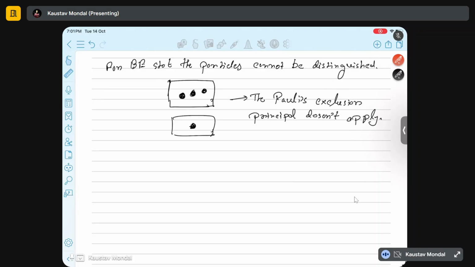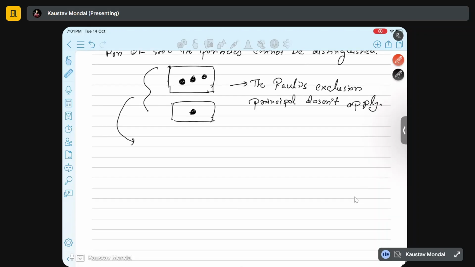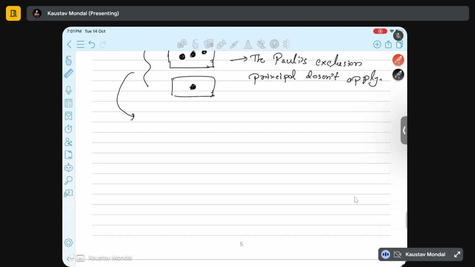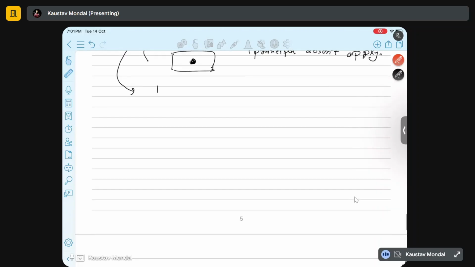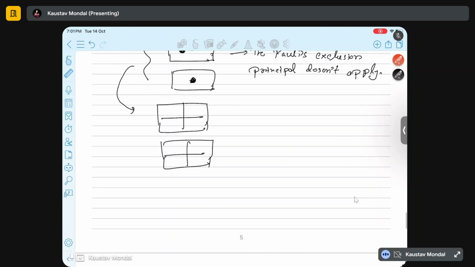Now what we will do next, for this configuration, is further divide each of the boxes into four different compartments. So the boxes are divided into four compartments like this. Then in each box there are many other configurations that can happen.